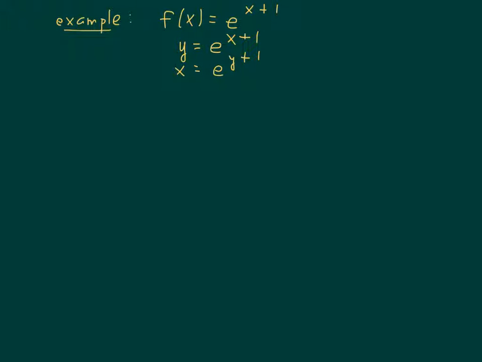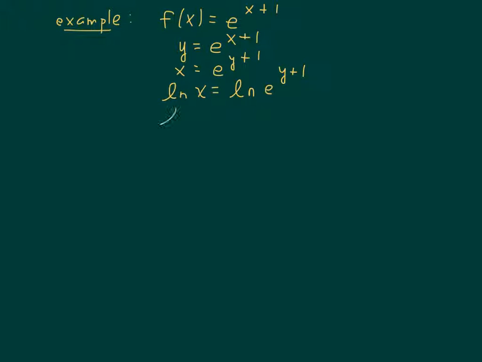So in order to bring it down, in order to get rid of everything around it, notice we have a base of e. And recall that e's best friend is the natural log. So we need to take the natural log of each side. So if we do that, we have the natural log of x equals the natural log of e to the y plus 1.